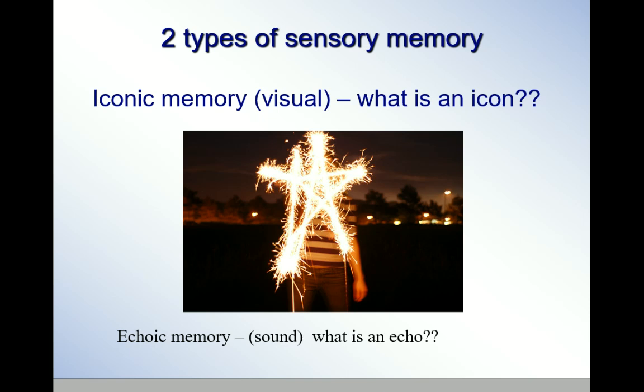It's very visual. Like Rosie the Riveter is iconic for World War II. Echoic memory is sound. It's kind of like your memory of hearing things. You can kind of rewind that memory back 4 seconds to recall a conversation. That's called echoic memory. Anyway, moving right along.